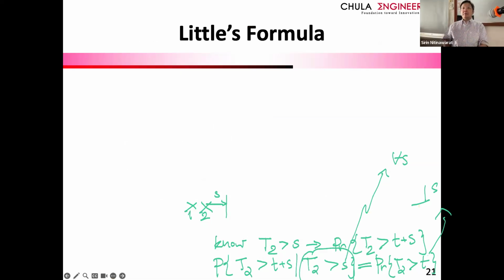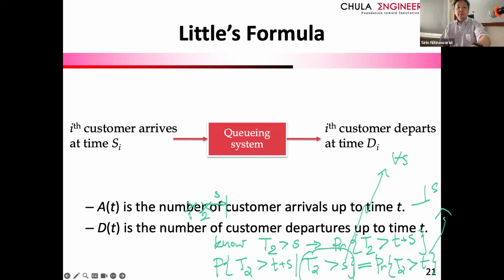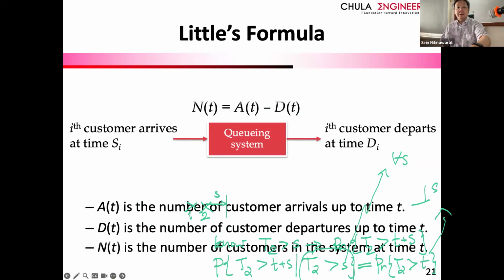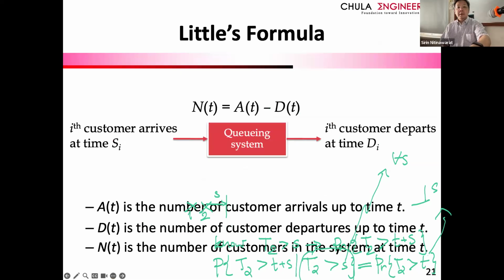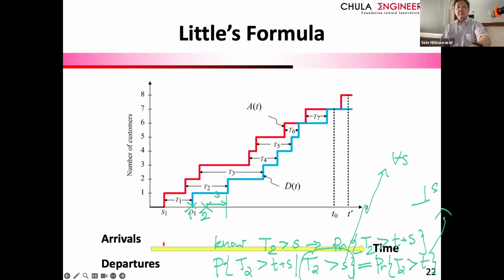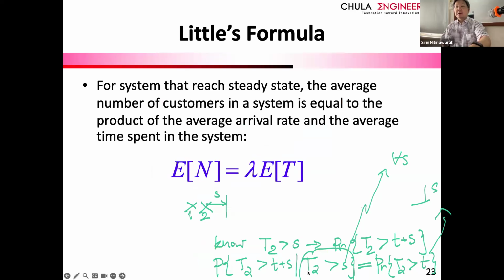Have you heard of Little's formula? So again, Little's formula. Let me say what Little's formula is before I derive it for you.